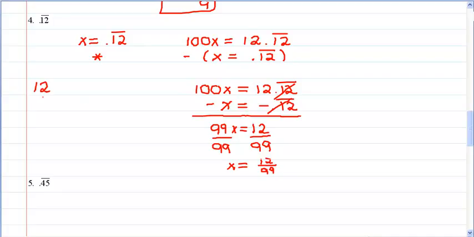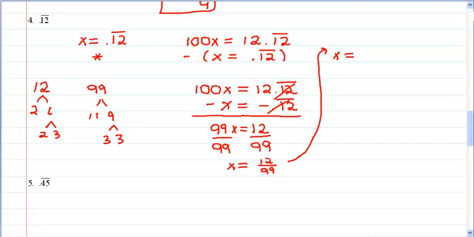So to reduce this fraction, I want to write 12 as its prime factorization and 99 as its prime factorization. So that I have x is equal to 12, which is 2 times 2 times 3, over 99, which is 3 times 3 times 11.